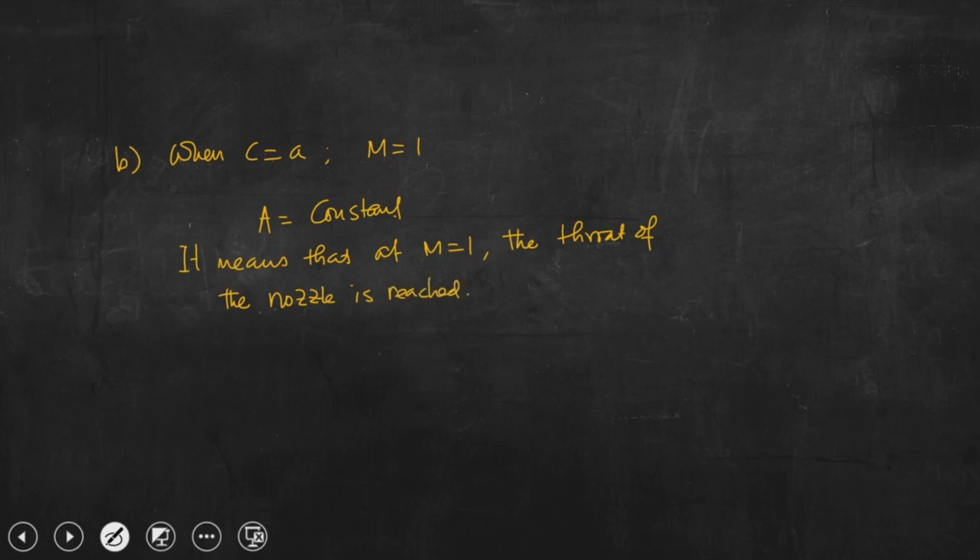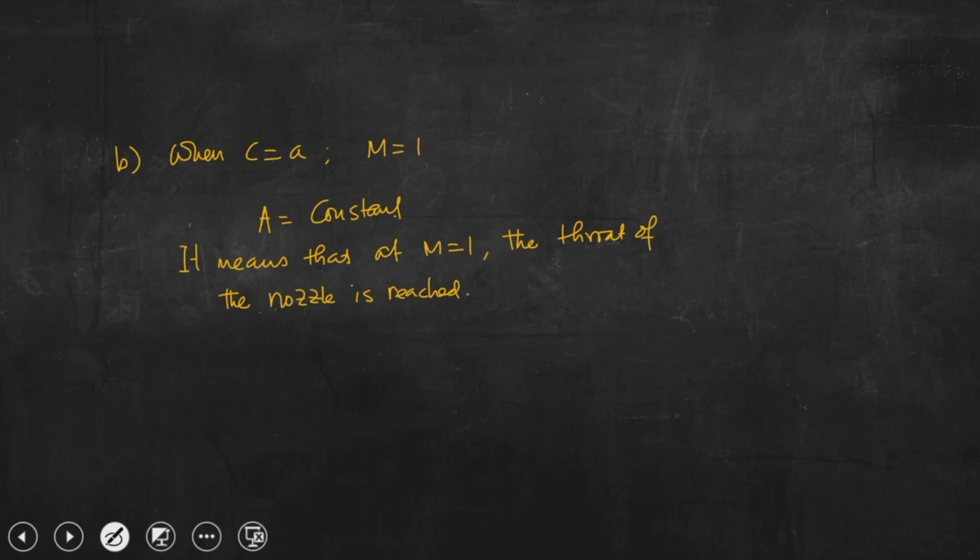Perhaps you have studied these aspects in the compressible fluid flow part of your fluid mechanics course. When Mach number equal to 1, the flow has reached the throat of the channel.